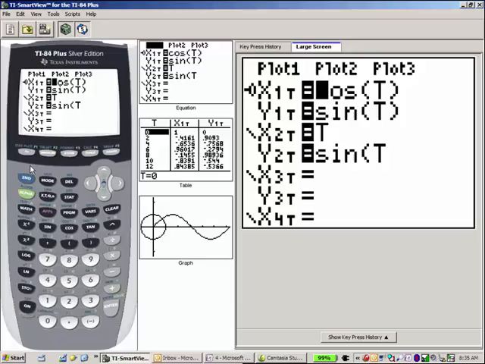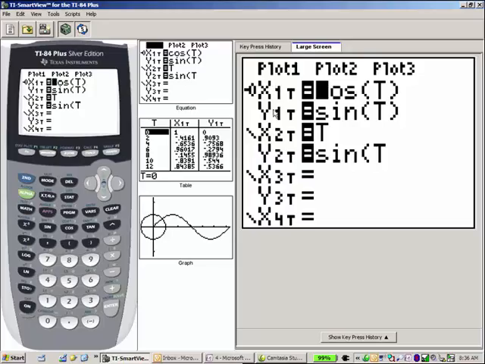When you go to y equals, you'll notice that you get x1 and y1. You get an x and a y, and you get x2 and y2. So instead of defining a function just in terms of y, you get to define it both for x and y.